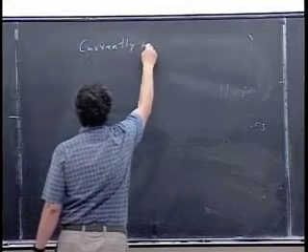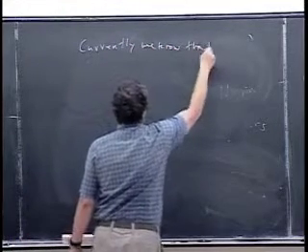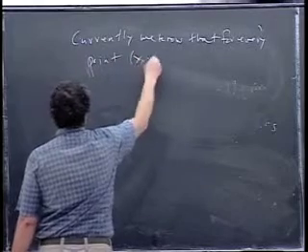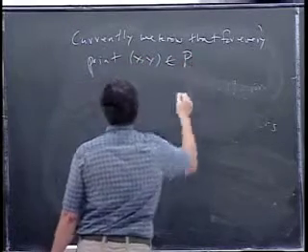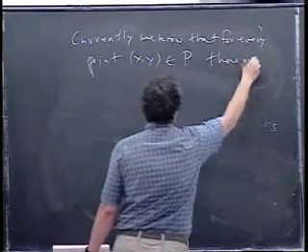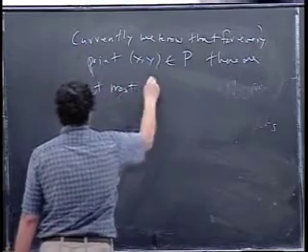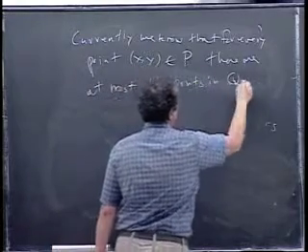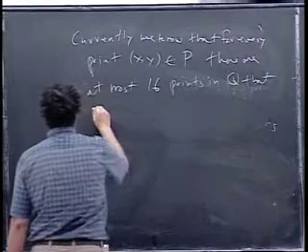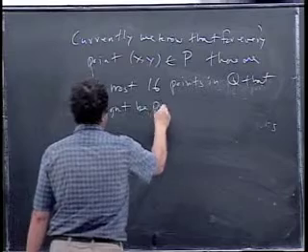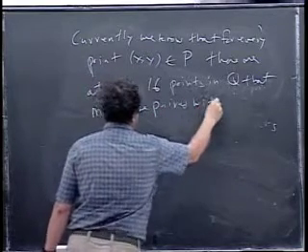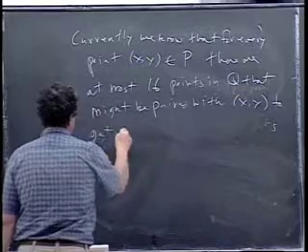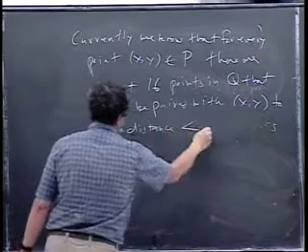Currently, we know that for every point xy in P, there are at most, I'll use 16, points in Q that might be paired with xy to get a distance less than delta.